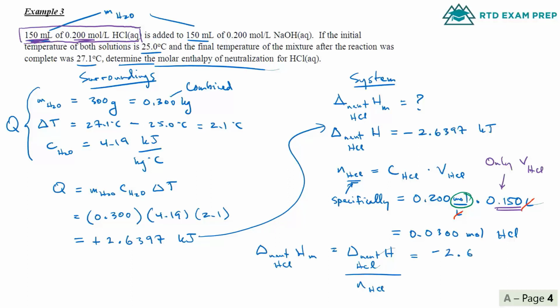So it's negative 2.6397 kilojoules over the number of moles, which is 0.0300. And what we get as our final answer is negative 88.0 kilojoules per mole, correctly rounded to 3 sig digs, as expected.